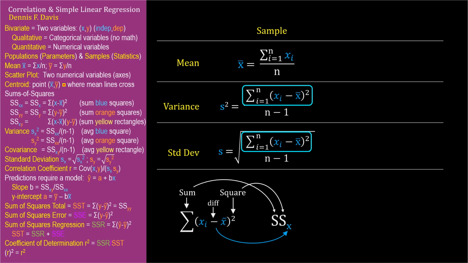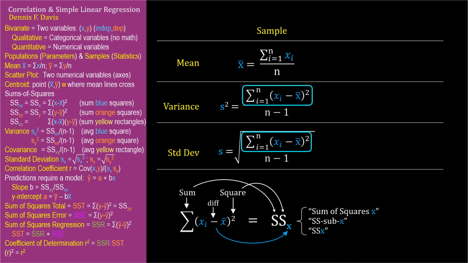The subscript x means x sub i minus x bar. So these two expressions mean the same thing. The right expression can be read out loud as sum of squares x, SS sub x, or even SSX. I'll use sum of squares x. It's a little longer but more descriptive, so better for learning. When referring to the y variable, it's sum of squares y.